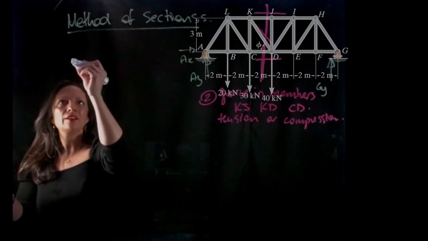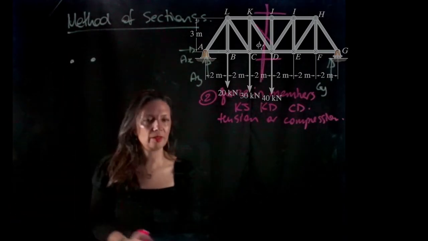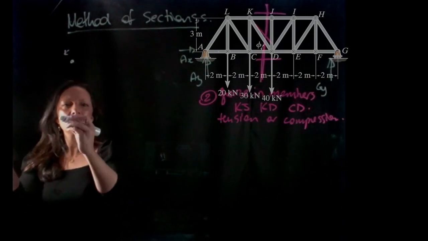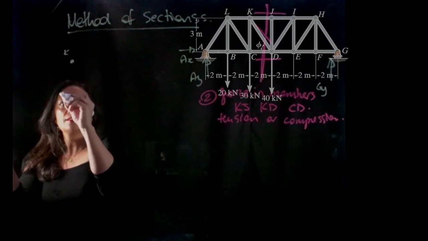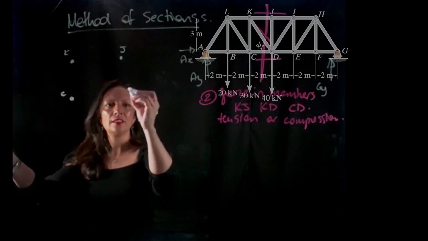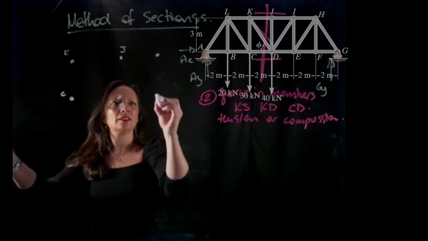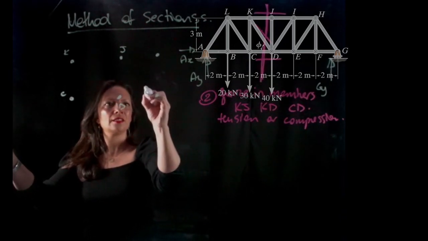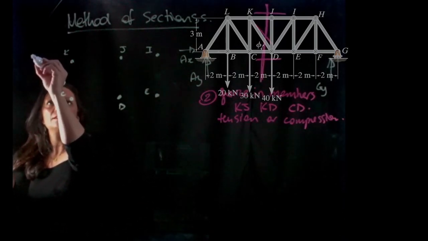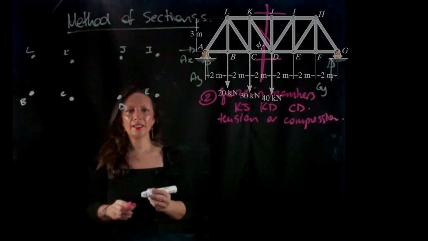So over here, let's just make it a little bit wider. So here we have K, C, J, and D. And over here we have I and E. And on the other side we have L and B. Okay.